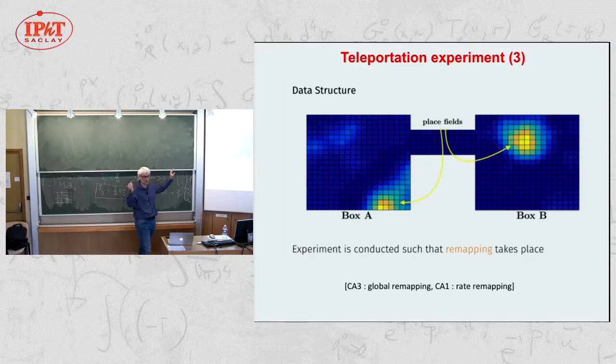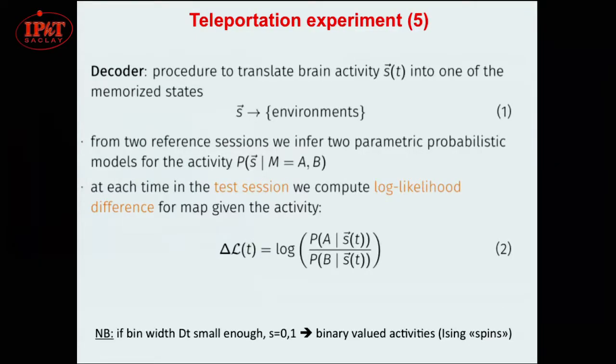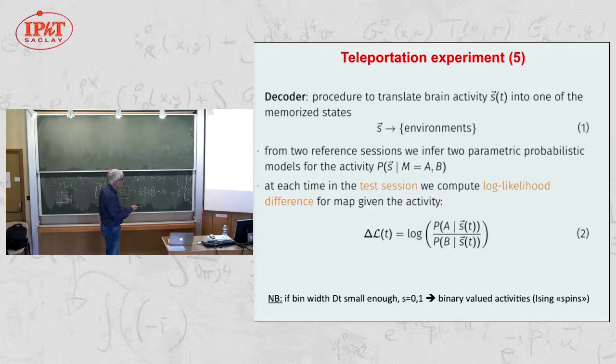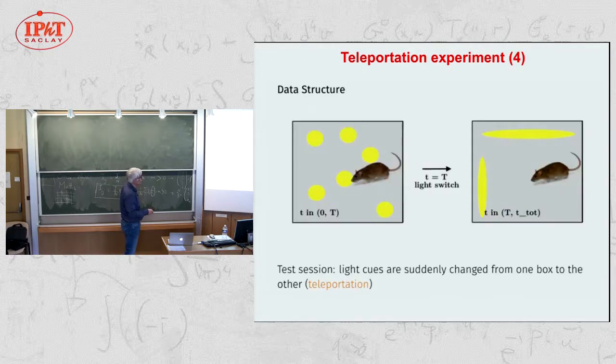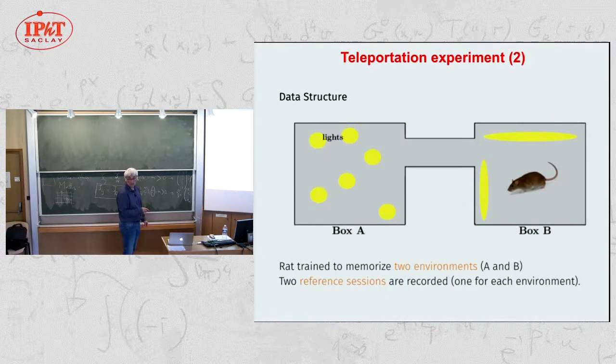It's not a state of activity you would expect, right? So it's a way to decode the representation based only on the activity. So if we want to be a little bit more precise than that, if we have a configuration of the activity, we can draw two models for the configuration of activity. One model when the rat is in box A, another one when the rat is in box B, and we can draw these models from the training phase.